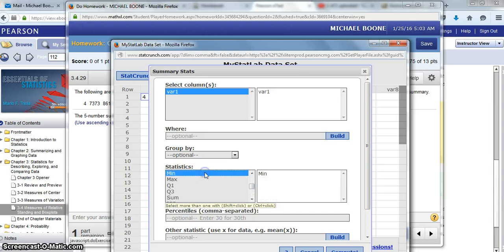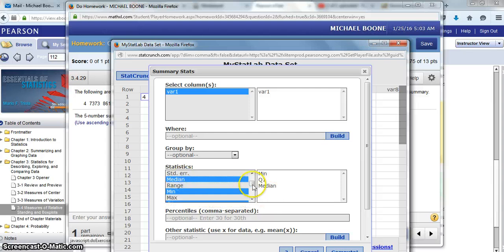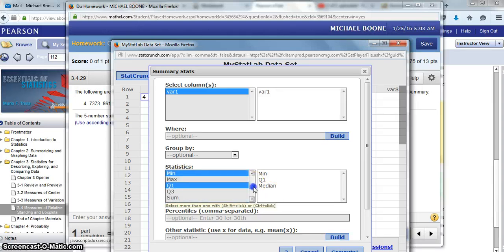It's your minimum value, your Q1, I'm going to put them in order, your median, your Q3, and your maximum. So this is your 5-number summary. Your minimum value, your first quartile, your median, which is really your second quartile, your third quartile value, and your maximum value.